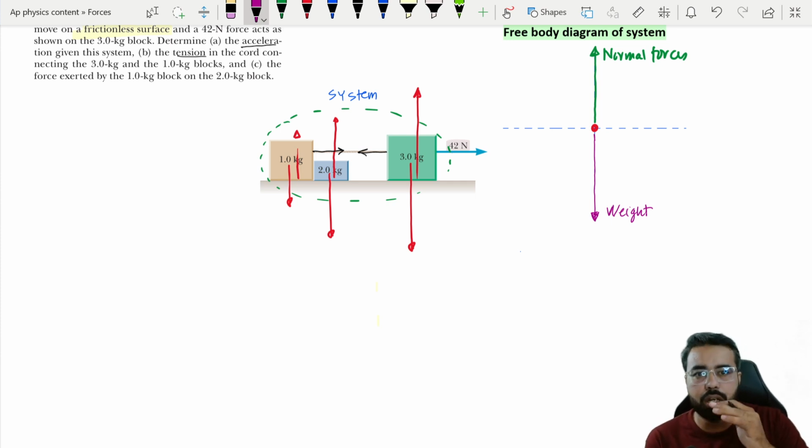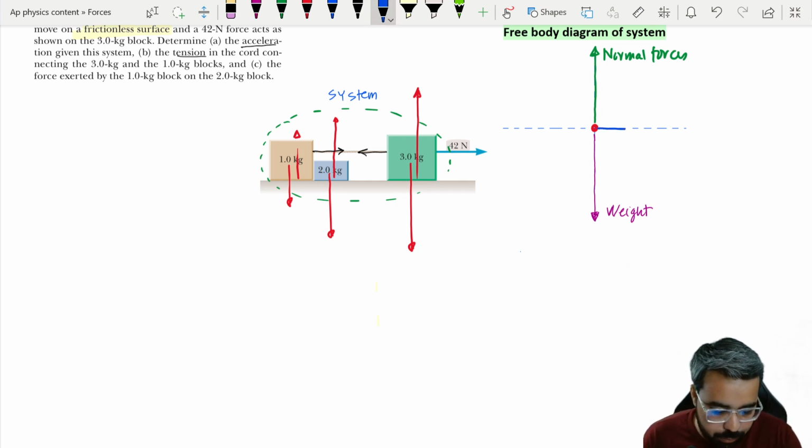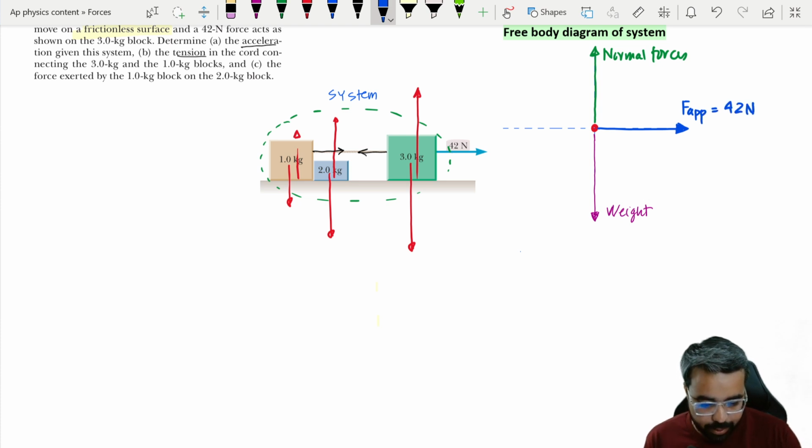Overall these two cancel each other. Now this force is not countered by any force toward the left, because the surface is frictionless. This is our applied force, equal to 42 Newton, hence it is accelerating the system.